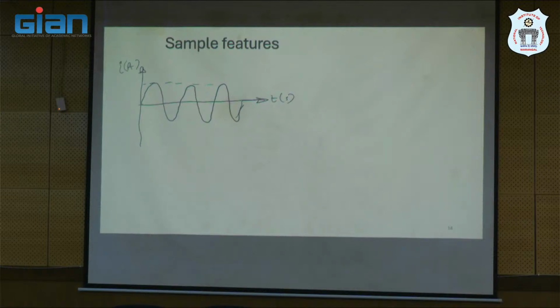What features can be generated out of it? So one easy way is, we can generate a peak value, positive peak, negative peak. So that can be considered as a feature. Another thing can be RMS. Another thing can be mean value, right? So you can generate such statistical measures from raw data, and you can use them as features.